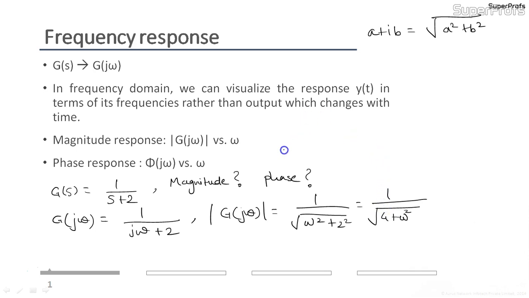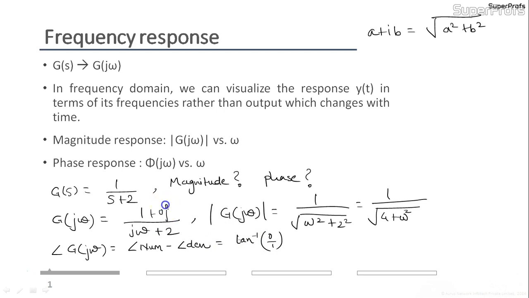Now let us find out the phase of the function. Angle of G(jω) will be given by angle of numerator minus angle of denominator, which can be given as tan inverse of 0 by 1, imaginary part by real part for the numerator. Here imaginary part is 0, so we write 0, and minus tan inverse of imaginary part in the denominator, which is nothing but omega upon 2.